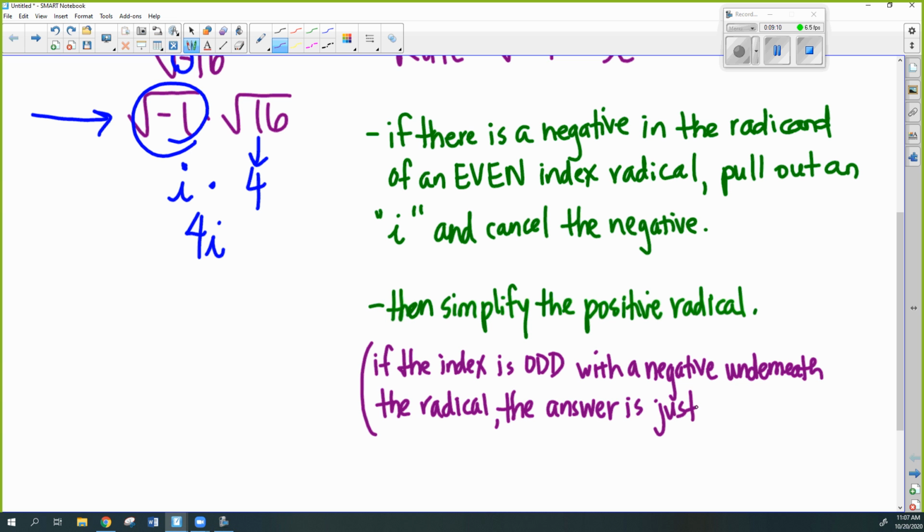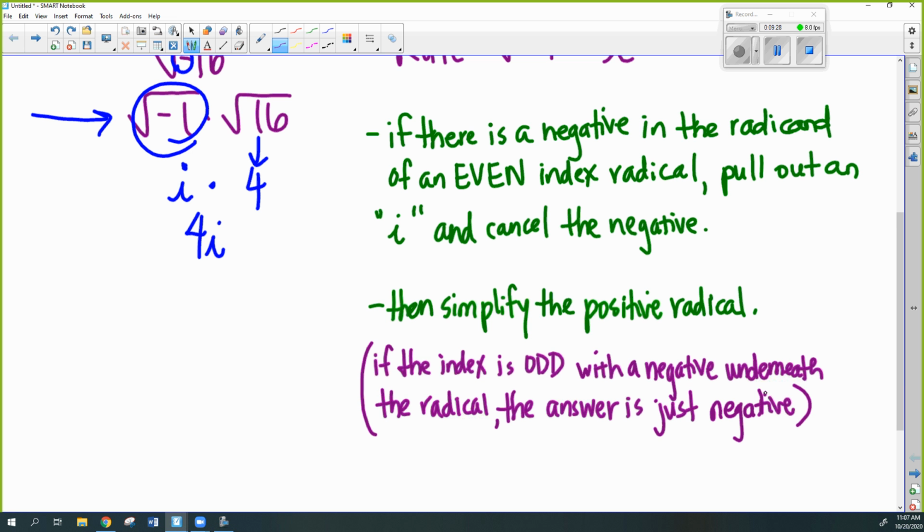And I will explain why when I show you an example of that. Okay? All right, so you're only going to use an i when it's an even root of a negative.